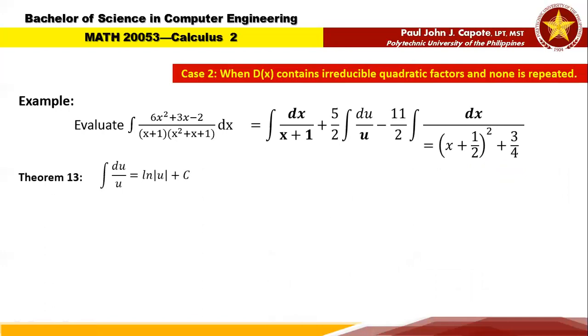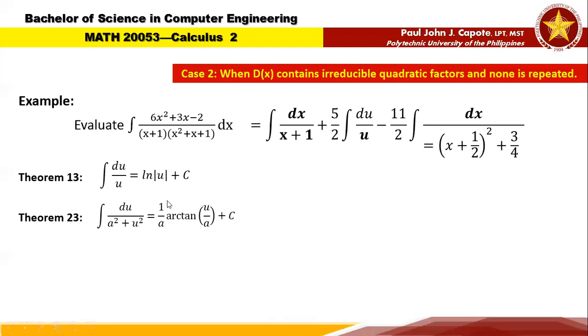Now recall theorem 13. As I have mentioned a while ago, the integral of du over u is equal to the natural logarithm of the absolute value of u plus c. And theorem 23 states that the integral of du over a squared plus u squared is equal to 1 over a times arctan of u over a plus c.